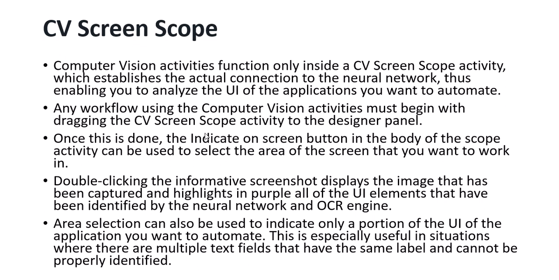The second point is, once this is done, the Indicate on Screen button in the body of the scope activity can be used to select the area of the screen that you want to work in. Just like with any other activity, if you want to highlight any element or the screen, we use an Indicate on Screen button on that activity.